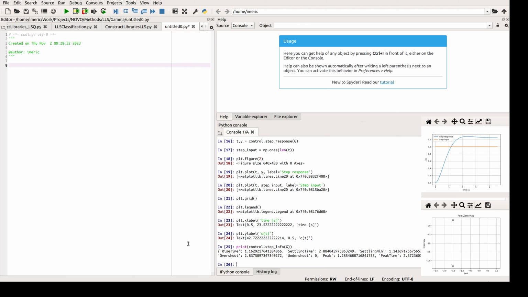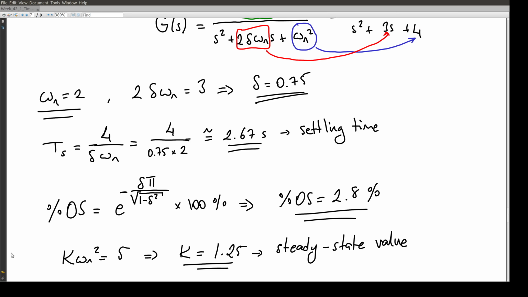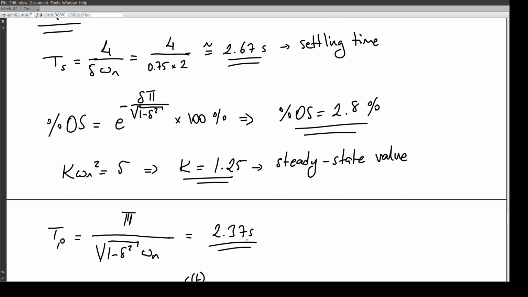This is the same for settling time. It's also given in seconds. Rise time, it's also given in seconds, etc. The peak time is 2.37 seconds, calculated by using Python. Let's have a look at our hand calculated value, which is going to be 2.37 seconds, which is good. The steady state value that we calculated is 1.25.